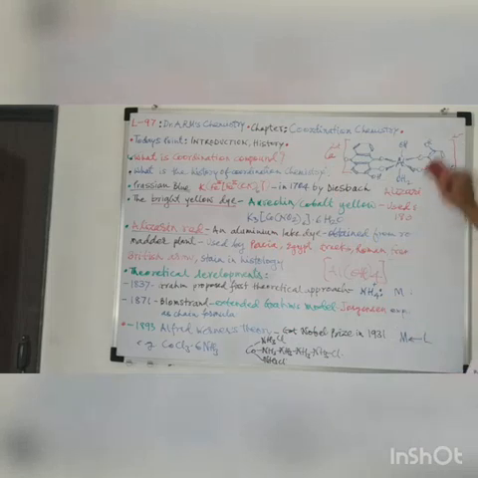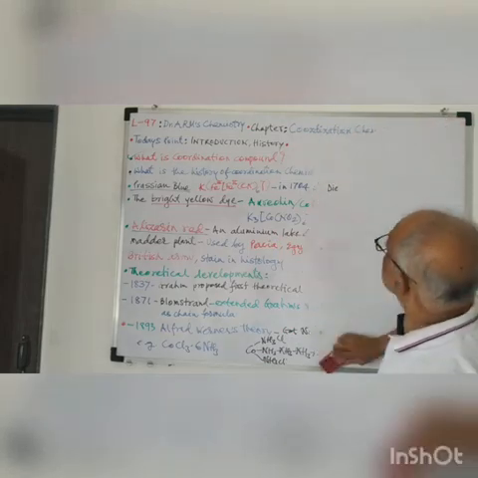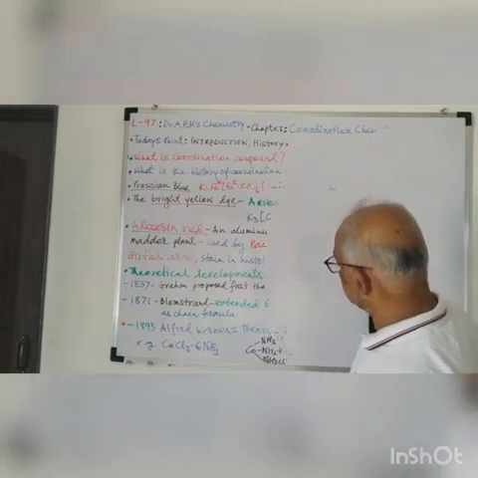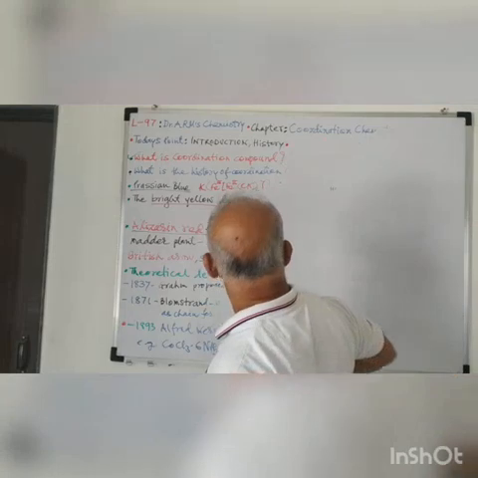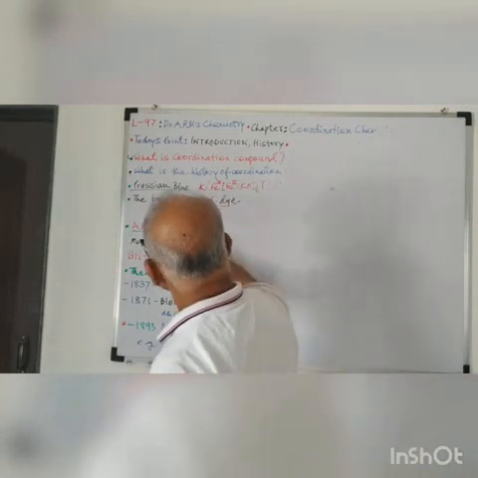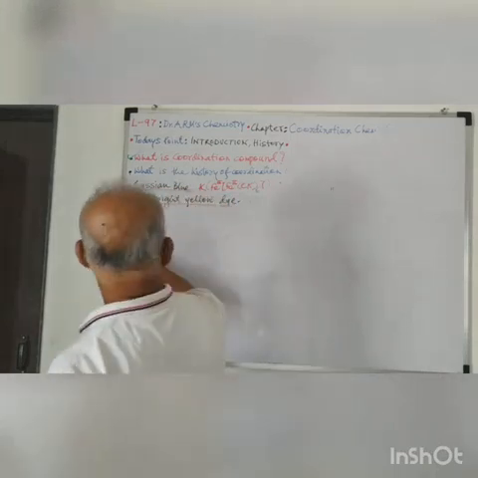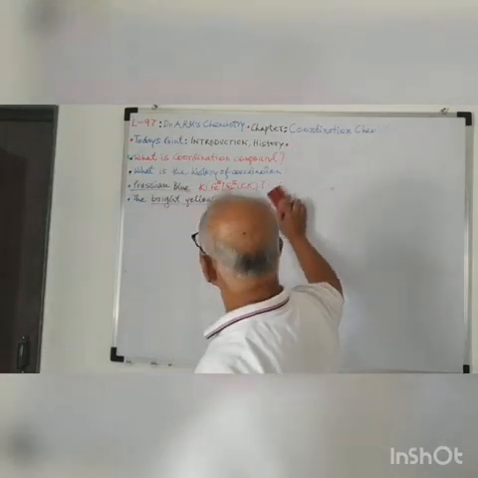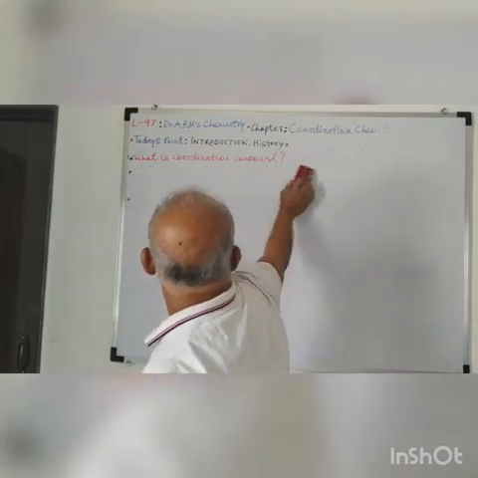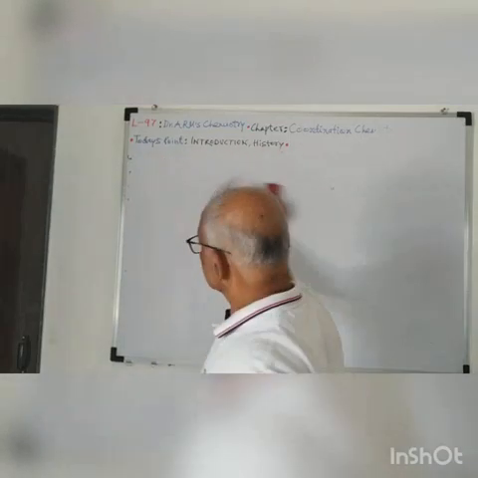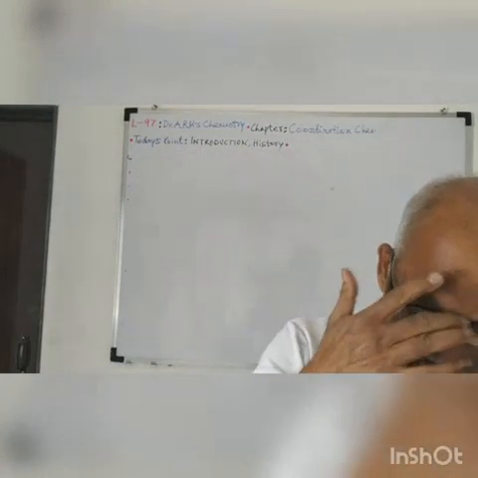Now we will see some examples which are used here to explain the Blomstrand-Jorgensen's concept, as well as it can be compared with the Werner's model. So we can compare this with Werner's model.